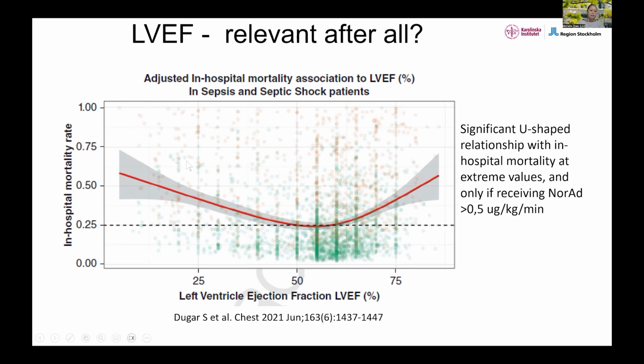And here Sid Dugas and his colleagues showed that an LVEF that was very poor, less than 25%, or a hypercontractile heart, with an LVEF of more than 75% among patients receiving noradrenaline at high doses of more than 0.5 micrograms per kilo per minute. So this is a very selected population that LVEF was relevant, after all, for short-term mortality.